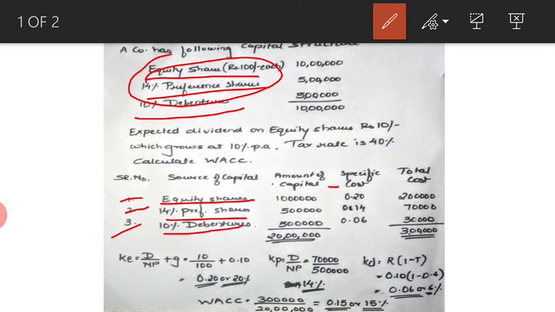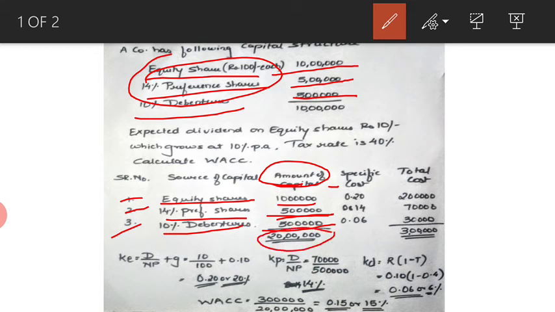Then we have the amount of capital that is also given to us. It's 10 lakh of equity, 5 lakh of preference shares and 5 lakh of debentures, right? So totally it is 20 lakhs. Okay, so this should be 20. I have already corrected that mistake there. So total amount of capital is 20 lakhs.